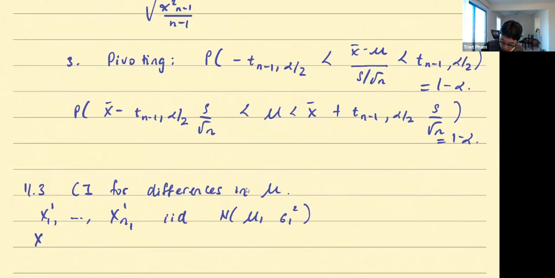The second sample will also be normal with potentially different means and different variances.